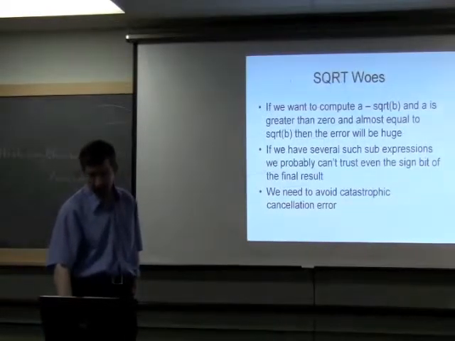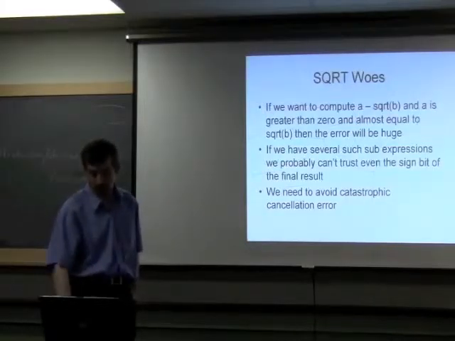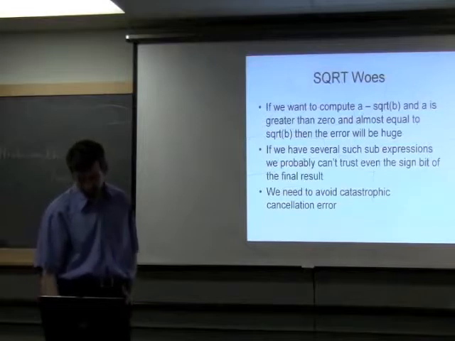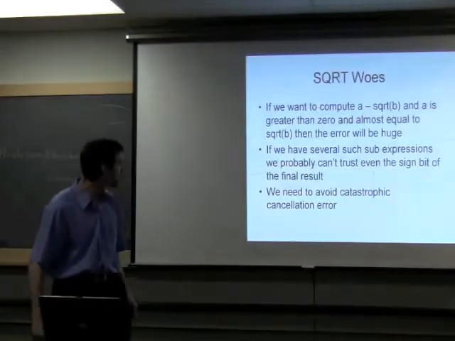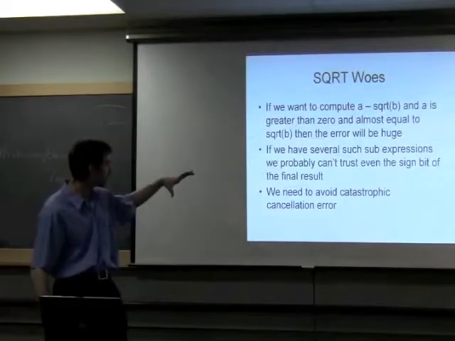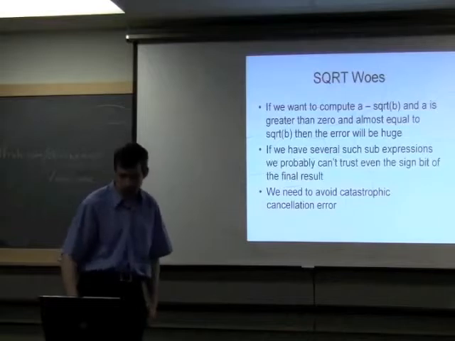So we need to avoid catastrophic cancellation error while still using floating point square root effectively. And of course, in these complicated segment, point, segment type, circle inscribed equations, we can have more than one square root, up to 4 actually.